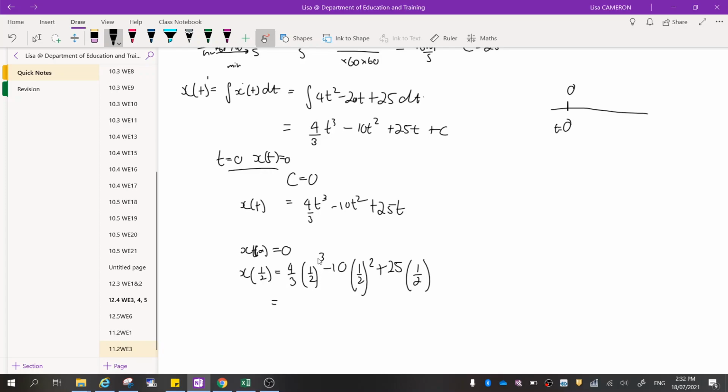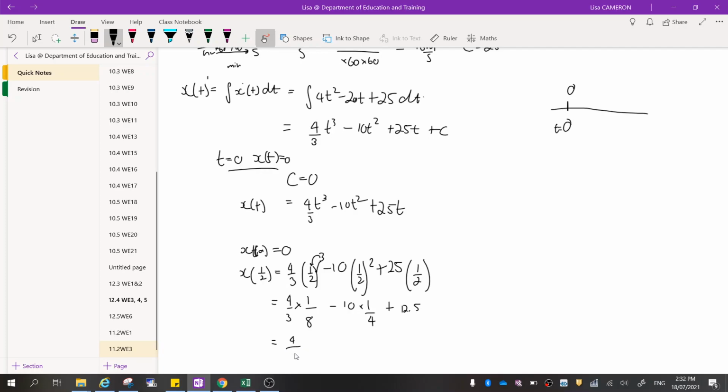Just remember that when you are looking at the powers on the outside of a bracket and there's a fraction on the inside, the power will multiply both the top and the bottom. So the first one is going to be 4 over 3 times 1 cubed is 1, 2 cubed is 8, minus 10 times 1 squared is 1 over 4, plus half of 25 is going to be 12.5. Okay, so now I can break these numbers down further.